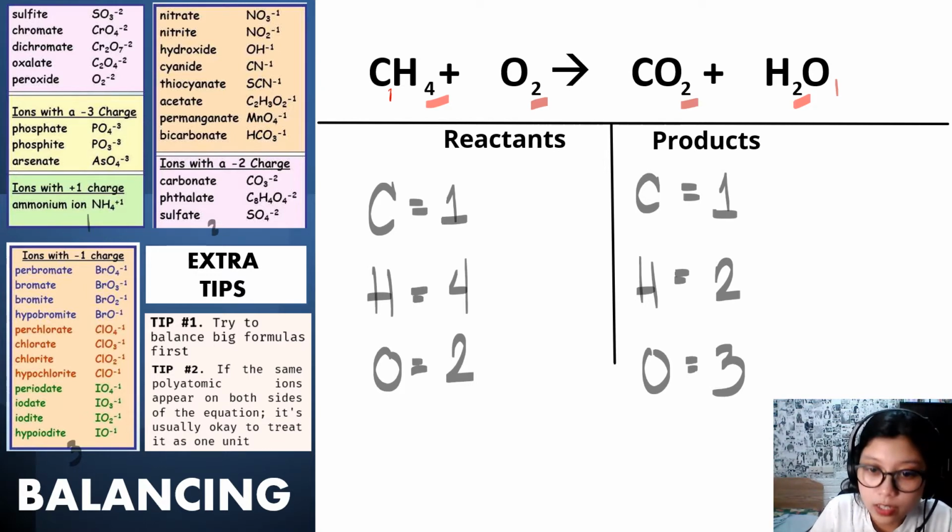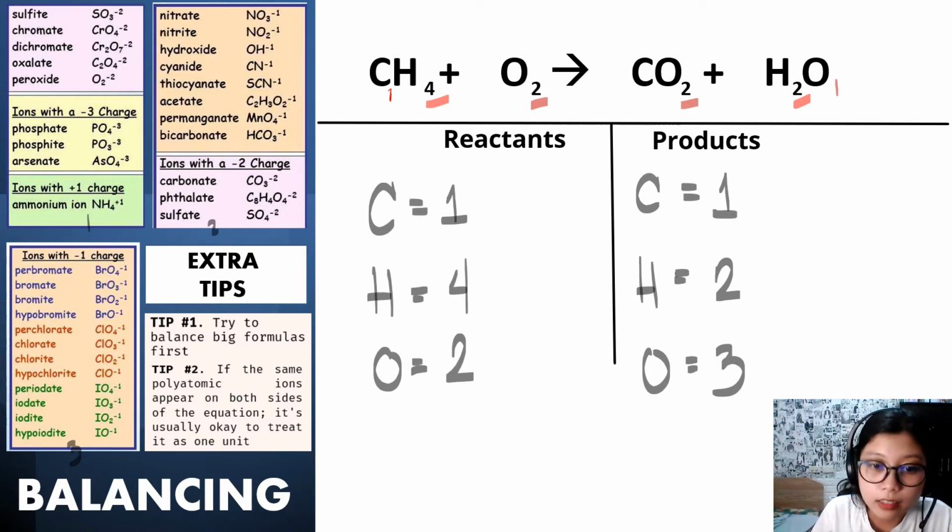No. Since there are no polyatomic ions present in the equation, let us proceed to tip number 1, and that is to try to balance the big formulas first. How do we know which of them are the big formulas? We have to look for the element that has the highest number of atoms. So which element has the highest number of atoms?